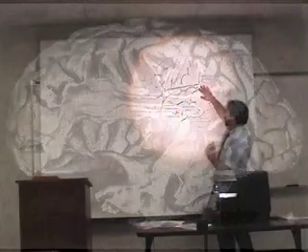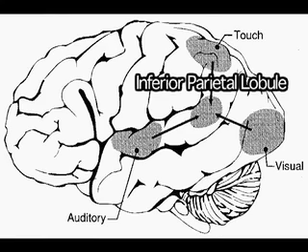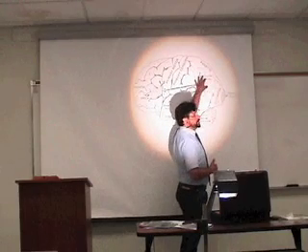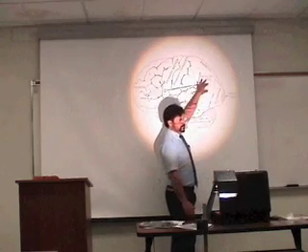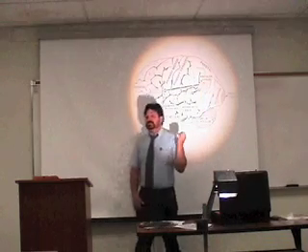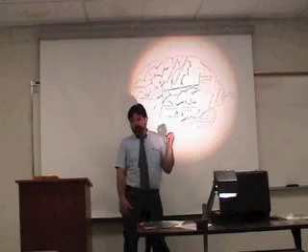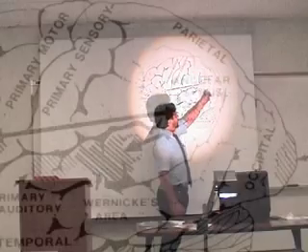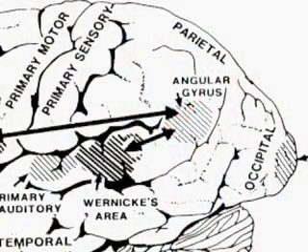This whole area right here is called the inferior parietal lobule. And the inferior parietal lobule is unique to primates. We're primates, so are monkeys, so are apes, but it's unique to primates to have this inferior parietal lobule, so it's something recently evolved. But in humans, there's yet another structure even more unique called the angular gyrus.